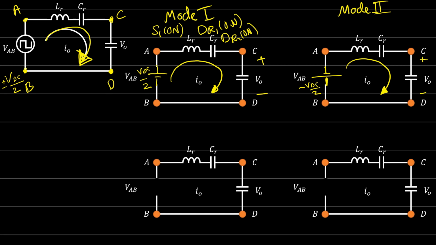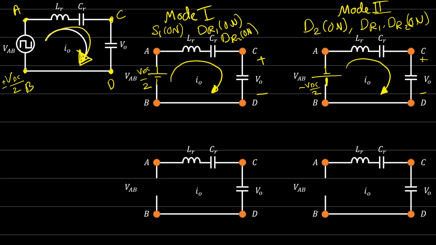So here, we'll say that diode 2 is on, and on the rectifier side, diode R1 and diode R2 are on, or conducting. When I say on, means conducting. The current I out is positive, same direction. VAB is negative, and the output voltage is positive. So this is mode number 2.